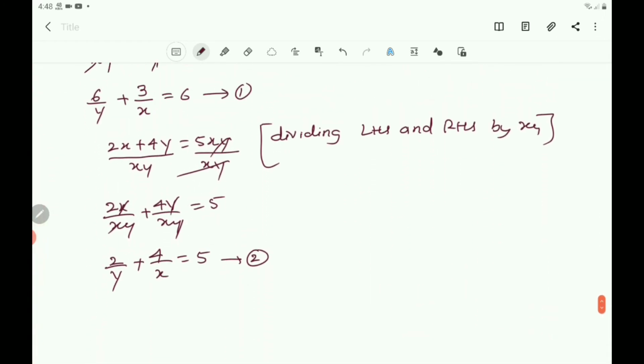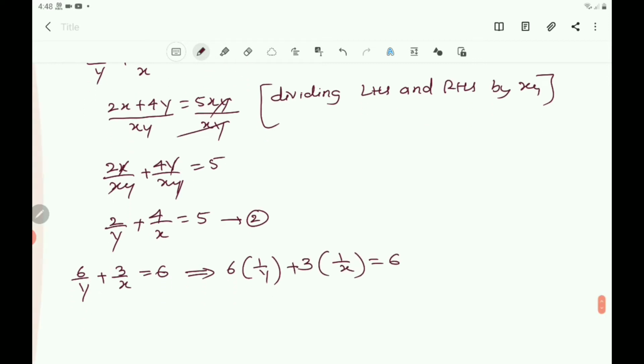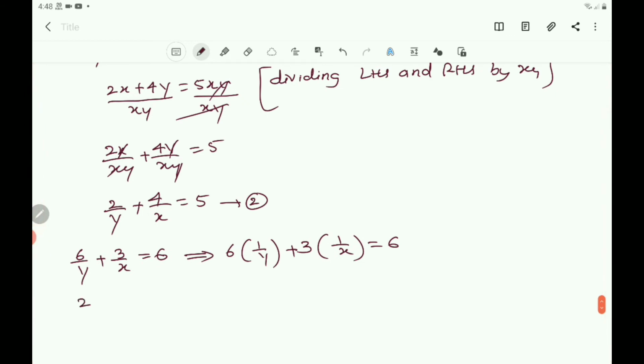Now take the first equation, 6 by y plus 3 by x equals 6. That implies 6 into 1 by y plus 3 into 1 by x equals 6. And the second becomes 2 by y plus 4 by x equals 5, that implies 2 into 1 by y plus 4 into 1 by x equals 5.